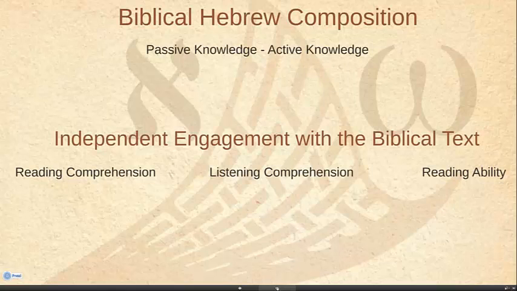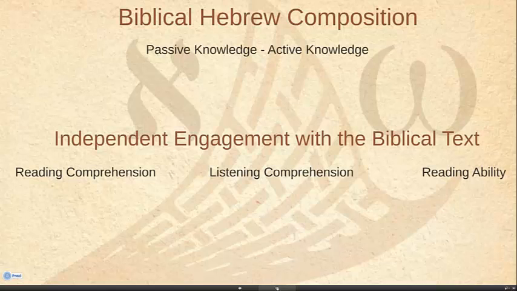And what you find is, if you only engage with it in that way, you don't have any active knowledge, you're not composing or speaking that language, then you will lose that knowledge a lot quicker if you don't keep up the daily study or the daily practice in that language. You lose your language a lot quicker when you only have a passive knowledge.